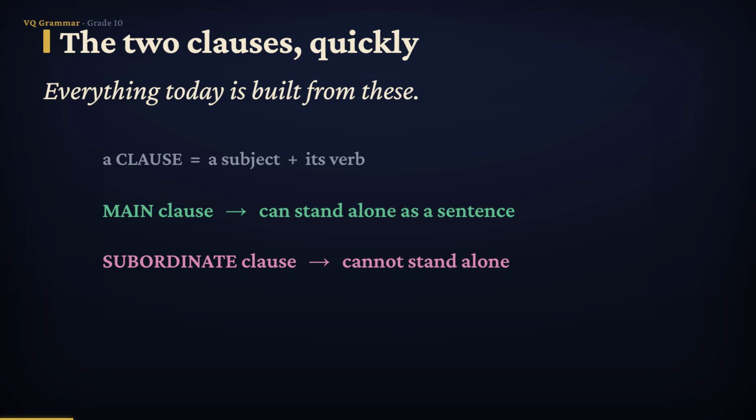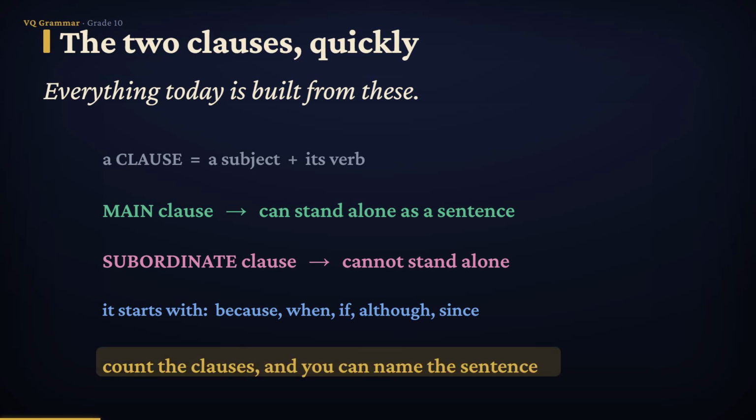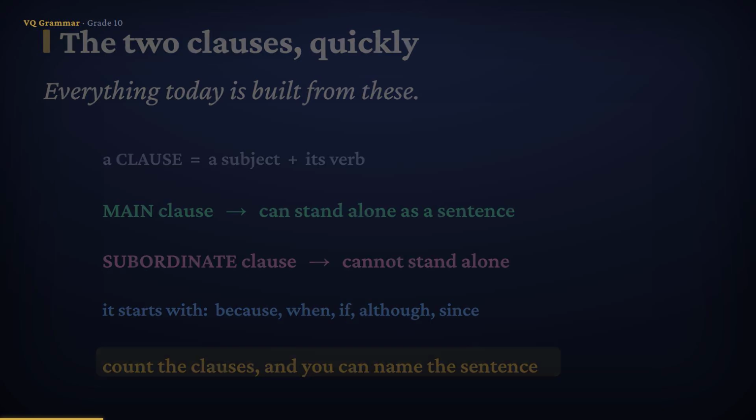It leans on a main clause to finish its thought. And you can usually spot a subordinate clause by the word that opens it. Because, when, if, although, since, whenever, unless. Hold on to that, because here is the whole secret of today's lesson. If you can count the clauses, you can name the sentence.